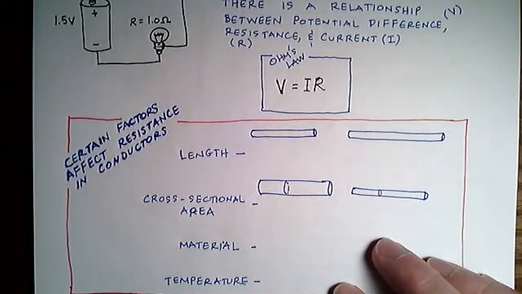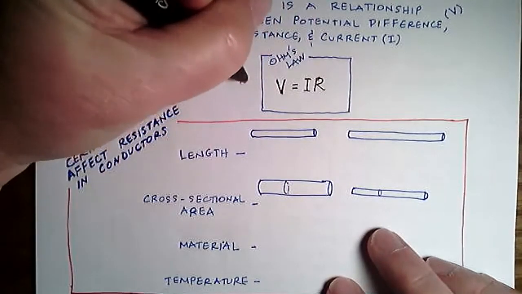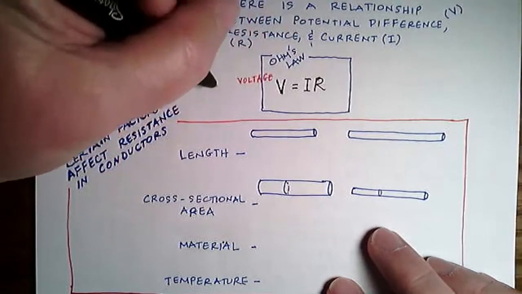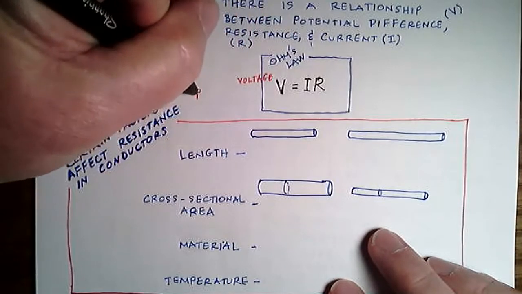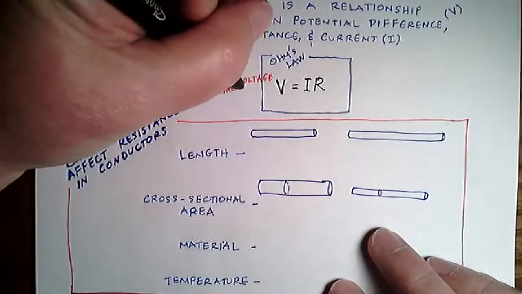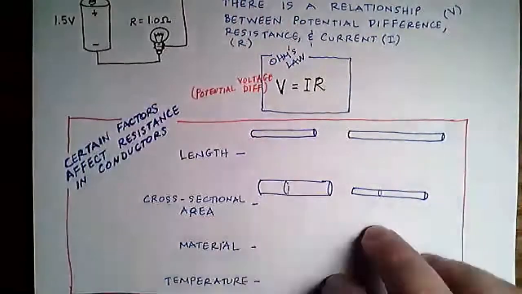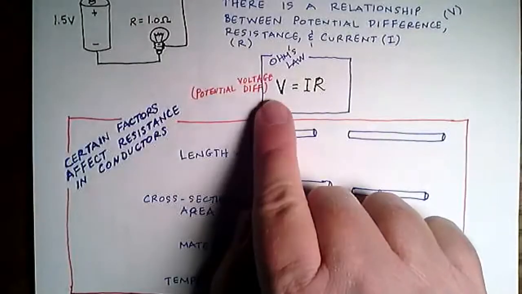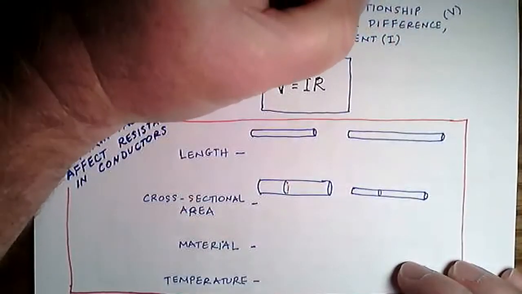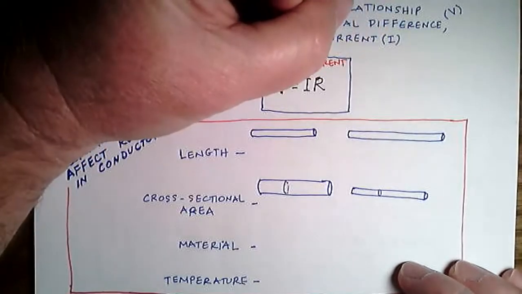Let me write that with a different color. Okay, this is voltage, or we also know this as potential difference. So V is voltage or potential difference. I is current. This shouldn't be anything new to you guys. We've been over this before.